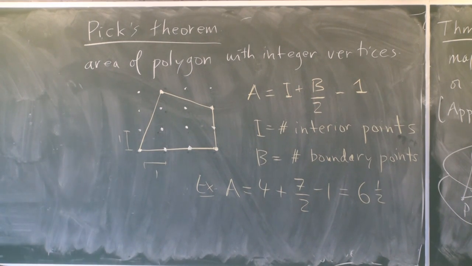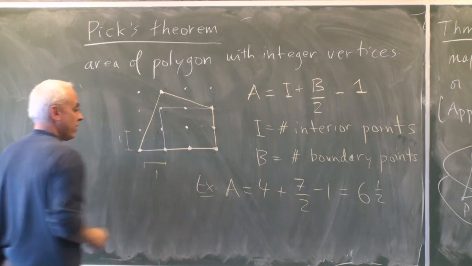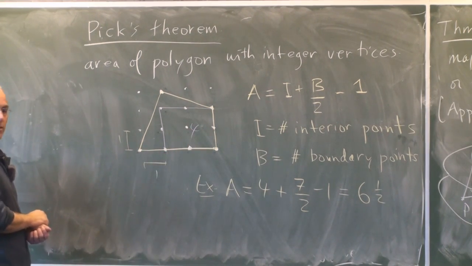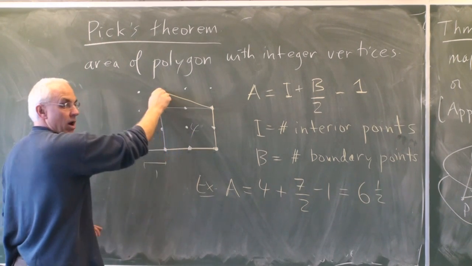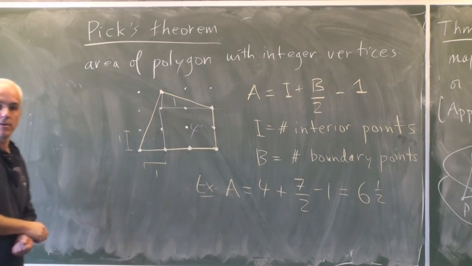Let me just check that that's correct by doing a little bit of calculation here. So in this case, it's not too hard. This area here is 2 by 2, so that's area 4. I suppose if I make a little thing like this, and that's 2 by 1, so that's going to have area 2 times 1 over 2. That's area 1.